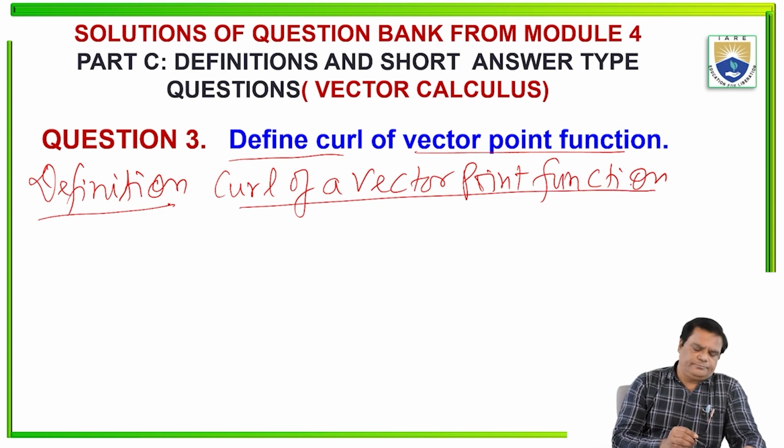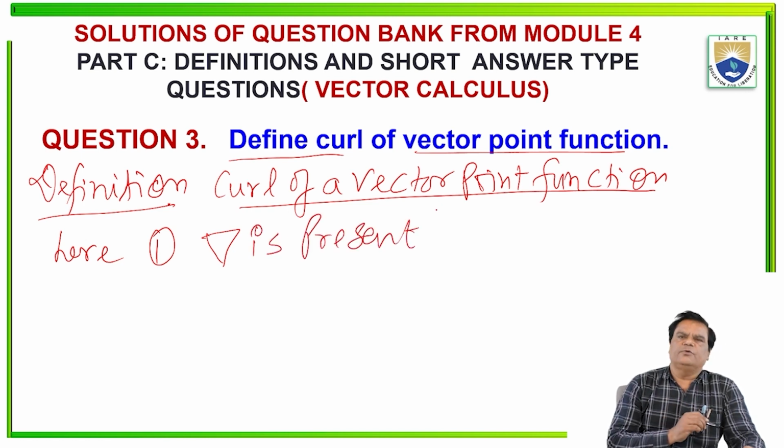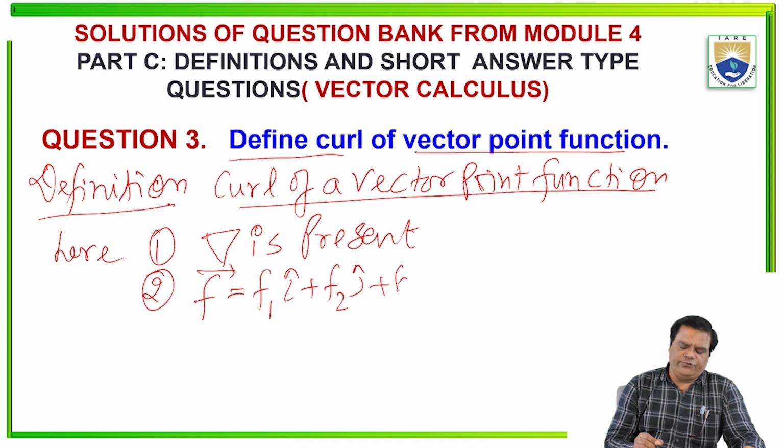Number 1, del is present. Number 2, f vector equals f1 i plus f2 j plus f3 k.